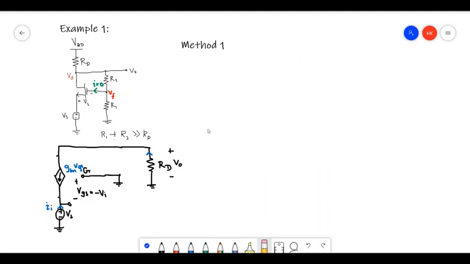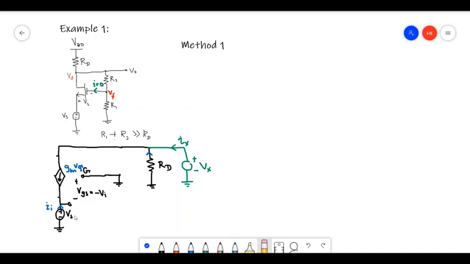Okay, now let's calculate the output resistance. We know that when calculating the output resistance we have to make some changes. We have to introduce a voltage source at the output, which is Vx, and it gives a current Ix into the system from the outside.